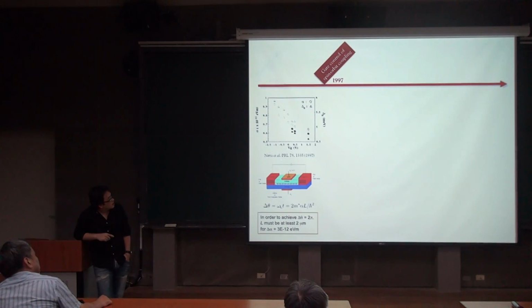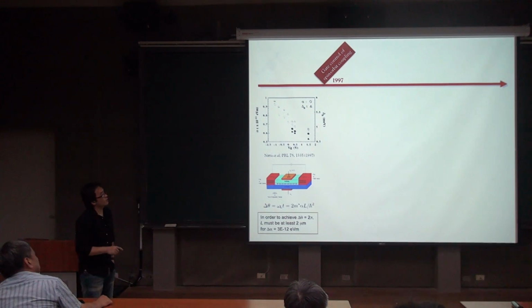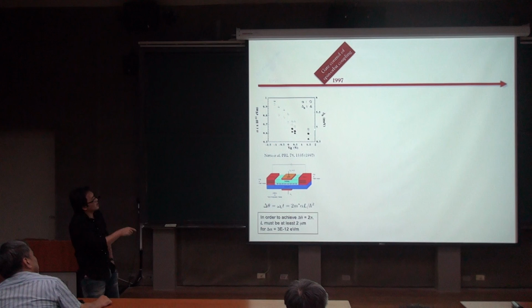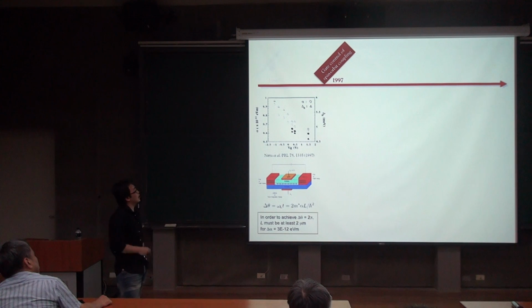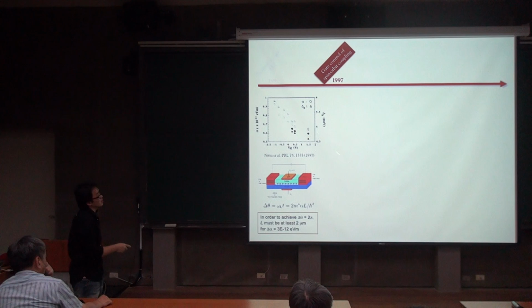So this is the experiment. This is the first demonstration of how you can use the electric field to change the alpha value. You can see the alpha is changing from like 10 to the minus 12 to like 6 or 7 times 10 to the minus 12. And the energy gap is like 4 to 5 meV. So it's only a small spin gap, not very large, but still.